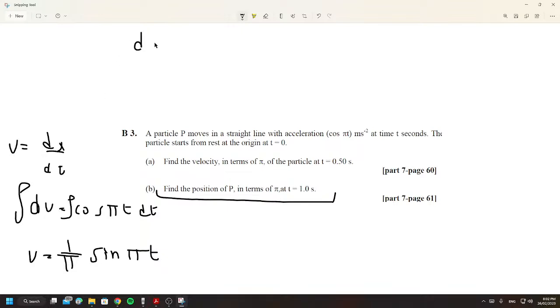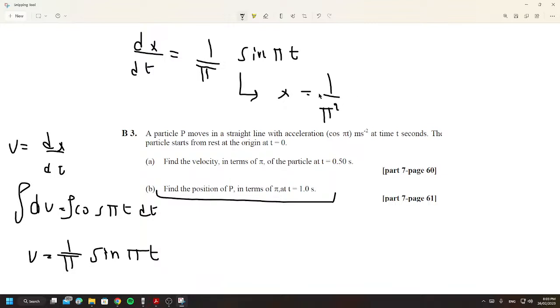So dx over dt is equal to 1 over pi sine pi t. If we're just going to do the integral, I'll do it right away. So x is equal to 1 over pi squared.